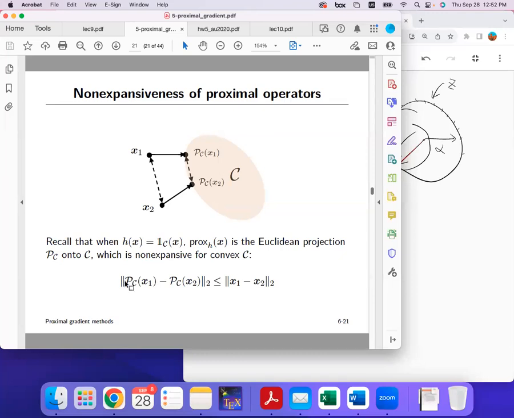And this projection operator is actually a special case of the proximal operator when the function h takes the form of an indicator function on a convex set. Okay. So therefore, we can extend this kind of property to the proximal mapping.